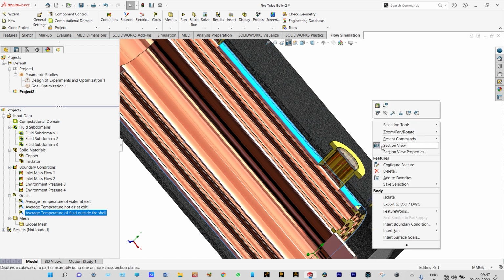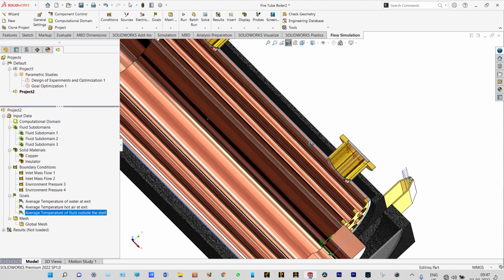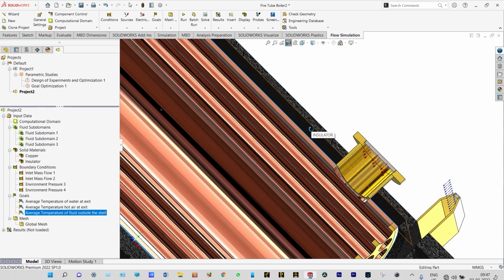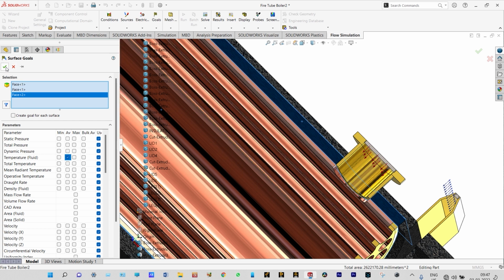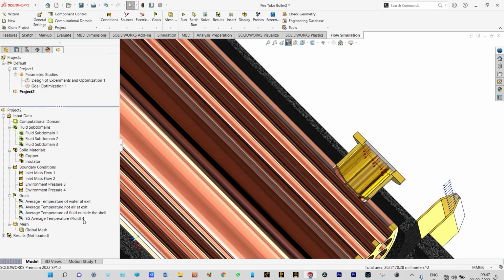We can rotate this one for better selection. We want to have the temperature of air at the inside surface of this insulator, right? So goals, insert surface goals, and it will be average temperature of fluid at the inner surface of insulator, right? Select this one. Green check. And we can rename this one as average temperature of fluid at inner insulator.